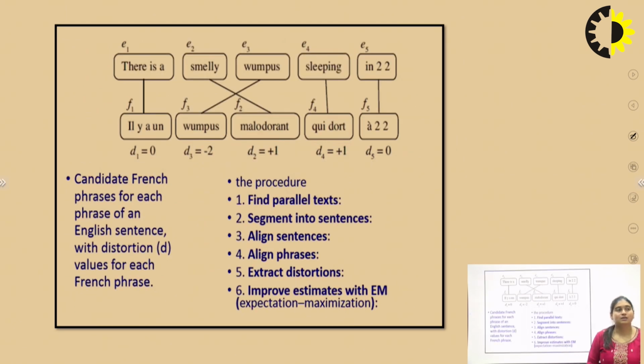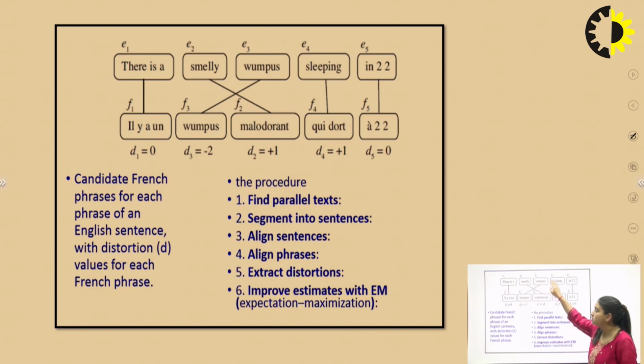So this is a simple example, and in this we are just following the procedure. As you can see here, this word is moving this side, so we are assigning -2, and this word has no change, so we are giving it 0, and still there is no change here, so we are giving it 0.